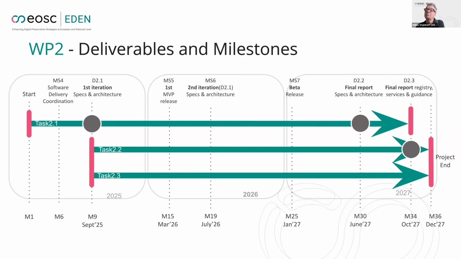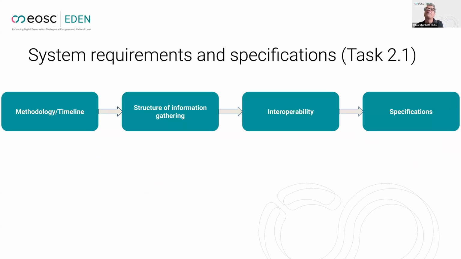So we just had milestone number 5, which is the minimal viable product release of the EDEN registry, which was due at the end of March, so last week. And the upcoming milestone is milestone 6, which is the second iteration of the specifications and architecture document. From here on, I think that Wesley will take over about system requirements and specifications.